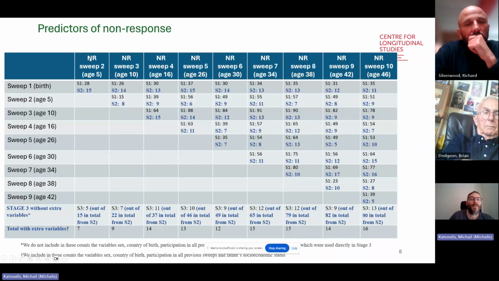These are the 10 sweeps, and you can see stage 1, stage 2 here, and finally stage 3, where we combine all the information from all the previous sweeps. So you can see that at the end of the day, the total variables that can be utilized as auxiliary variables vary from 7 to 16.